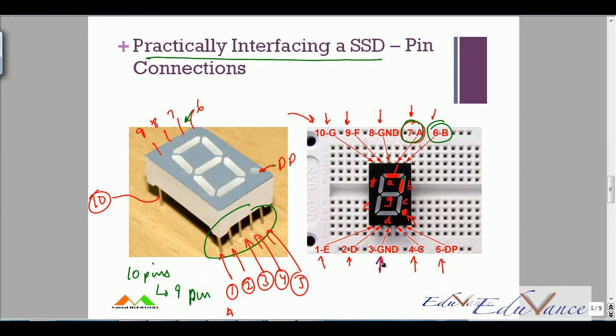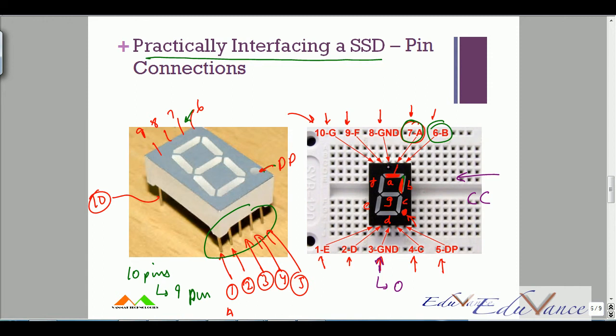Why is this ground? Can you think why have I specifically said that this is ground? The reason behind that is this particular 7-segment display is manufactured in the common cathode configuration. So since this is a common cathode configuration, hence I need to make sure that all my cathodes are connected to one terminal, which will then go to the ground potential.